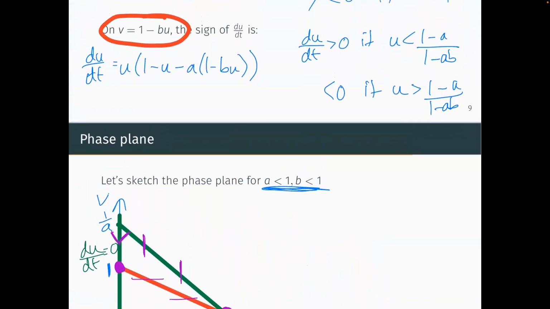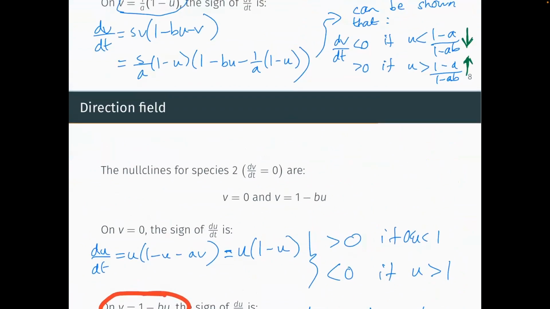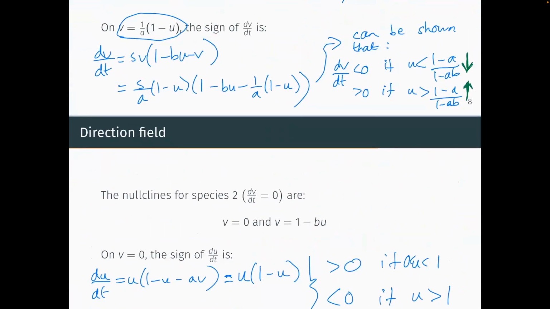Okay, so let's pick one of our nullclines. We'll keep the order here; let's go with du dt first. On our diagonal nullcline, the diagonal green line where du dt is equal to 0, we found that we were moving up when u was greater than (1 minus a) over (1 minus ab), and moving down when it was less than that value.